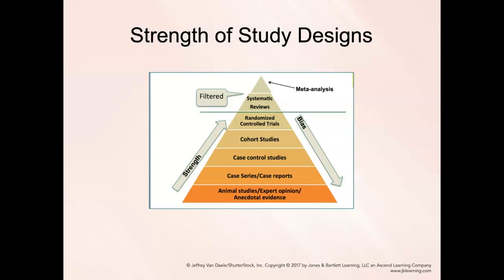If you think, for example, of something like smoking and lung cancer, it's not really possible for us to ever assign people randomly to a smoking group versus a non-smoking group. So randomized controlled trials really aren't in the works for studying something like smoking and lung cancer. We can't always use RCTs, so we often have to rely on observational studies.